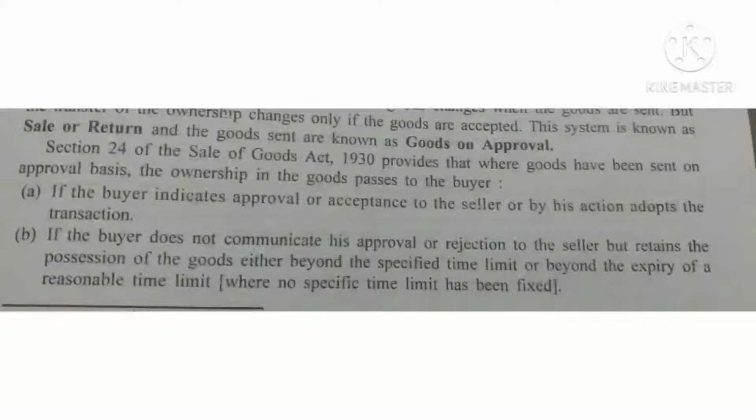In clause A, it is stated that the ownership in the goods passes to the buyer when he intimates the seller that he approved the goods, accepts the goods, and agrees to purchase the said goods, and records the transaction or makes payment towards the goods.